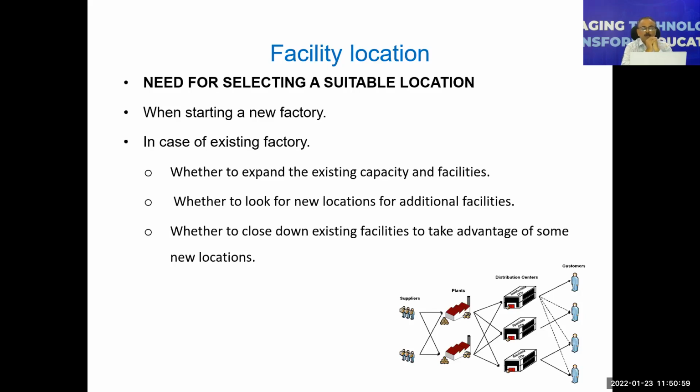Similarly, whether to look for a new location for additional facilities, or in a situation where the existing facility is resulting in heavy losses, you may be looking at closing it down to take advantage of some new location. In all such decisions, you will come across the facility location problem, and you will need to take into account the different aspects involved in any facility location decision.